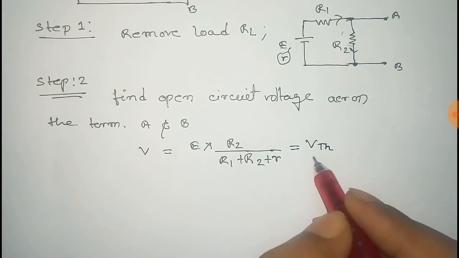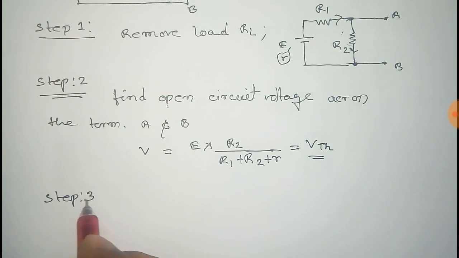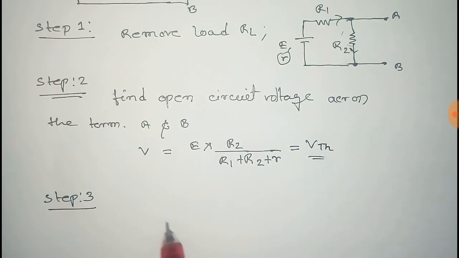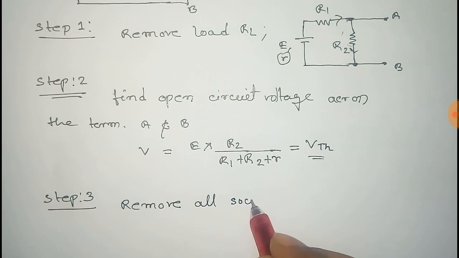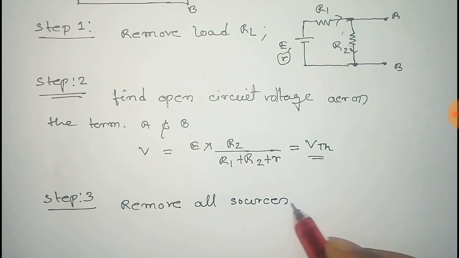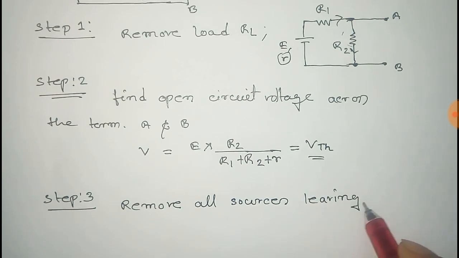Now we go to step 3. Step 3 tells us to remove all the voltage or current sources of the circuit and leave their internal resistance.